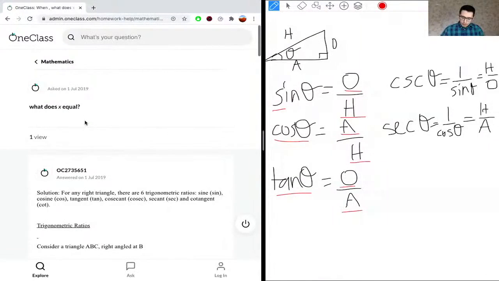And finally, cotangent theta is 1 over tan theta, which equals adjacent over opposite. So these are the fundamental ones to know for trig ratios when we're solving for theta.